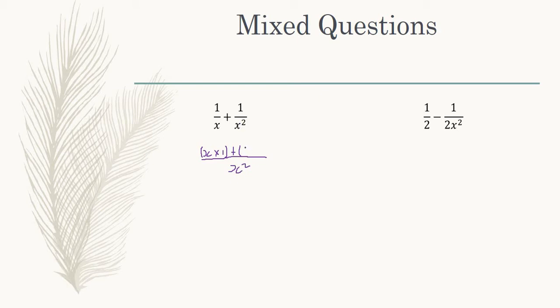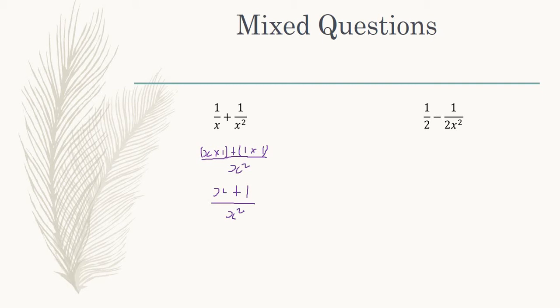I'm going to take that 1 to multiply our numerator of 1. So x times 1, that's going to give us x, plus 1 times 1, that's going to give us 1. And all of this is going to be over our common denominator of x squared.